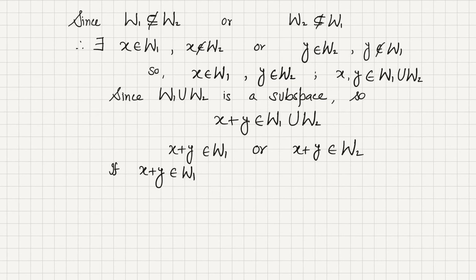If x plus y is in W1, and W1 is a subspace, and x is in W1, then its inverse minus x will be in W1. W1 is closed with respect to addition, so adding these two elements of W1, we get y, and it must be in W1.